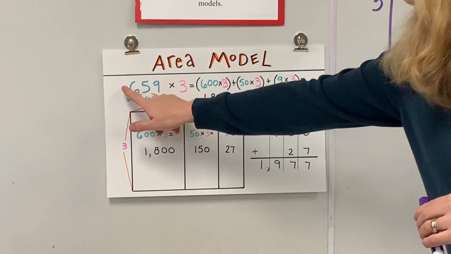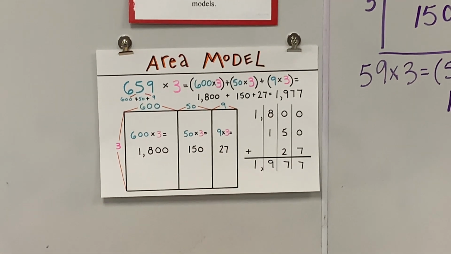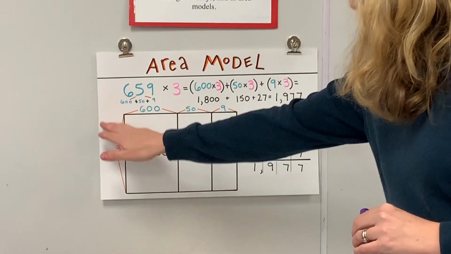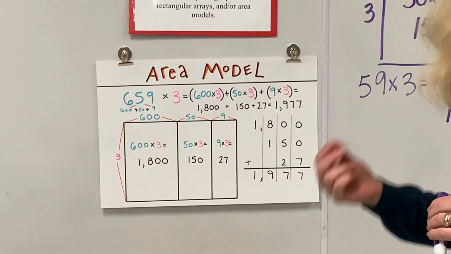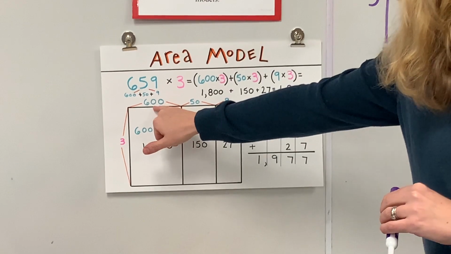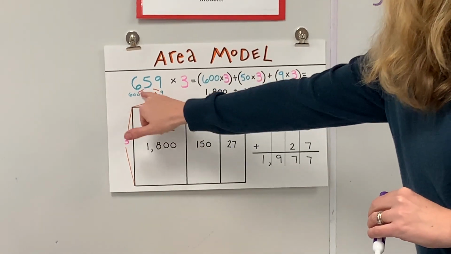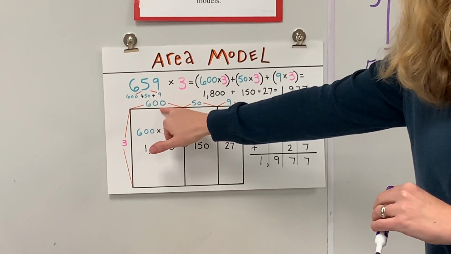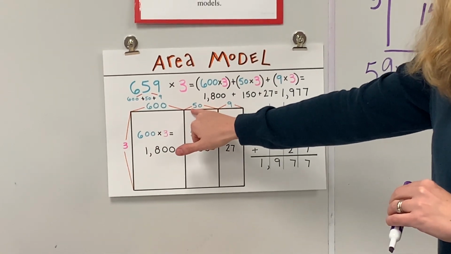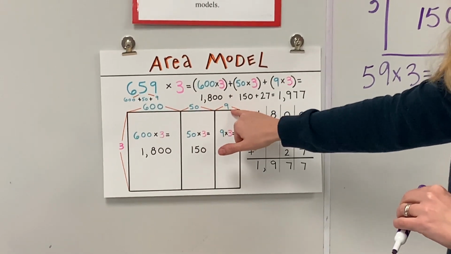I can also keep extending this and still apply the same strategy and just add a different box for each place value, making sure that this isn't just 6, 5, and 9, but this represents the value of the first digit, 600, the value of the next digit in the tens place, 50, and then 9.